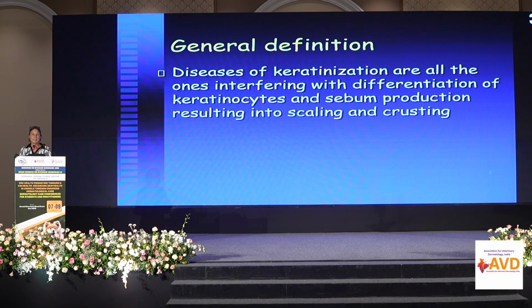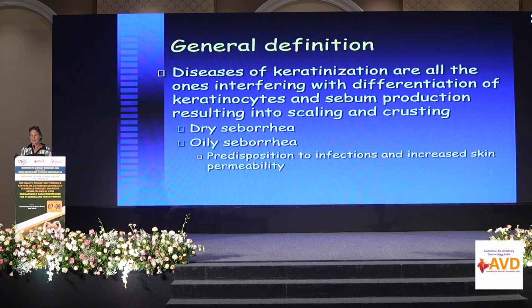So keratinization is basically the process of differentiation of these epithelial cells. And the diseases of keratinization are diseases in which this differentiation process is affected. And again, clinically speaking, can be dry seborrhea or oily seborrhea, but the point is that the keratinocyte and the sebum production are affected themselves.